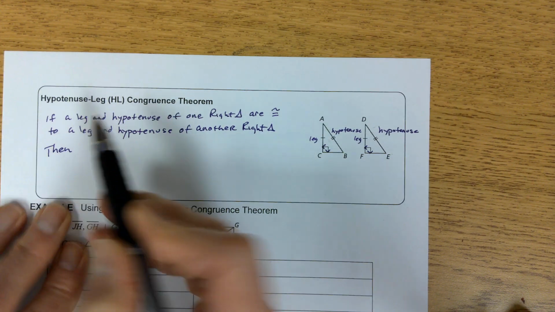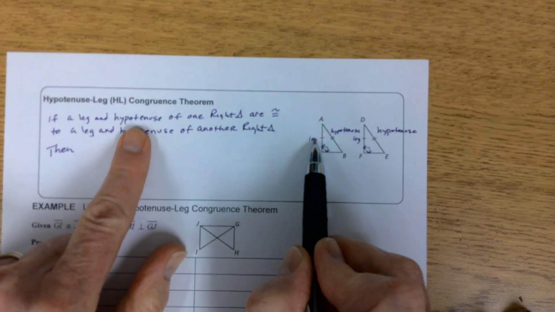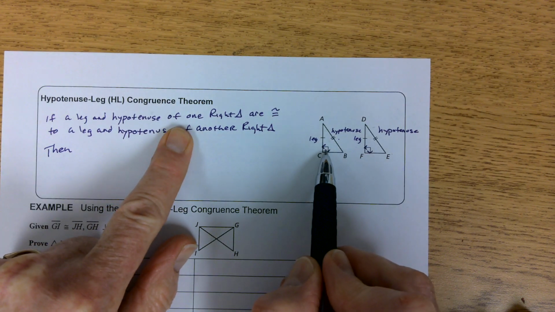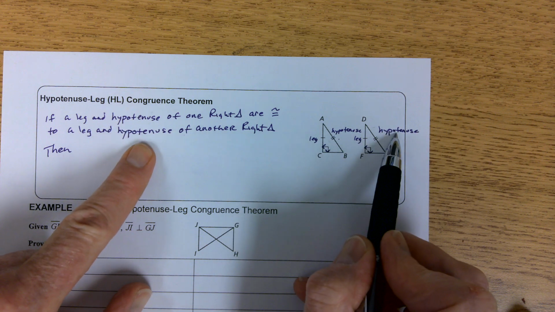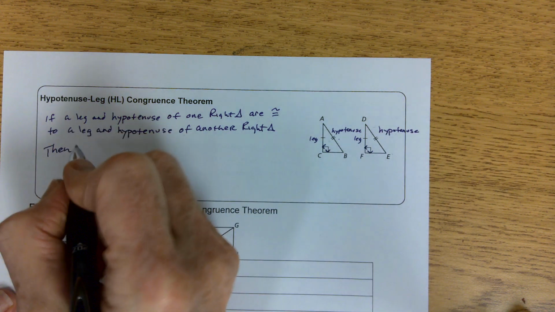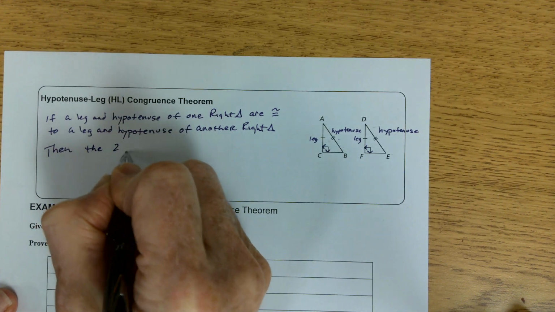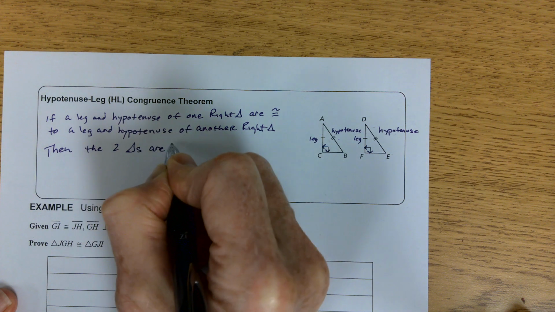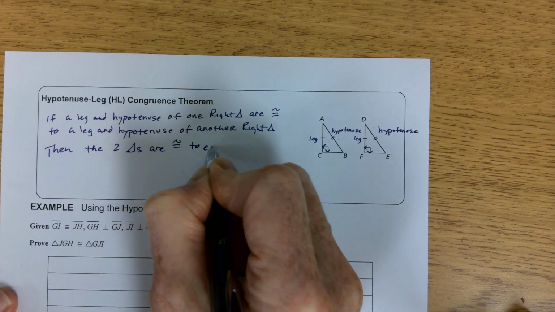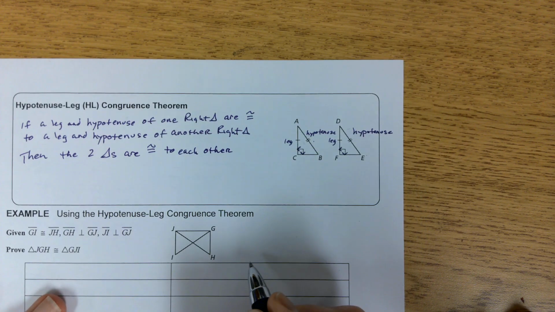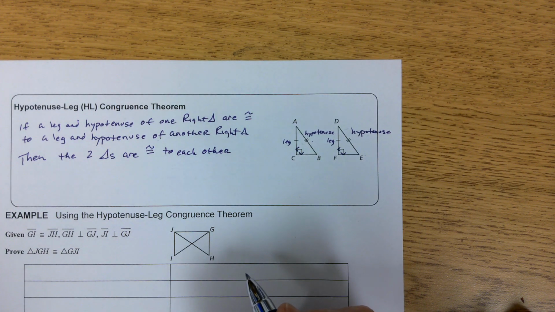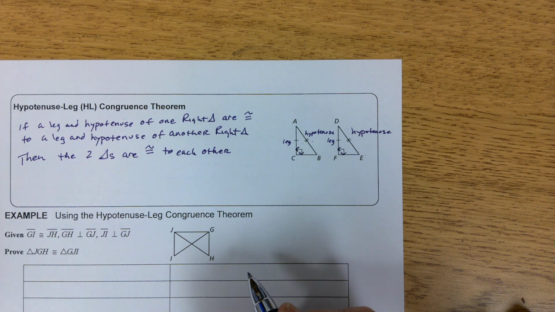Okay, if a leg and hypotenuse of one right triangle are congruent to a leg and hypotenuse of another right triangle, then the two triangles are congruent to each other. So first thing we have to do, like all of them, have 3 pieces of information: pair of sides, pair of angles, pair of sides, or pair of sides, pair of sides, pair of sides.